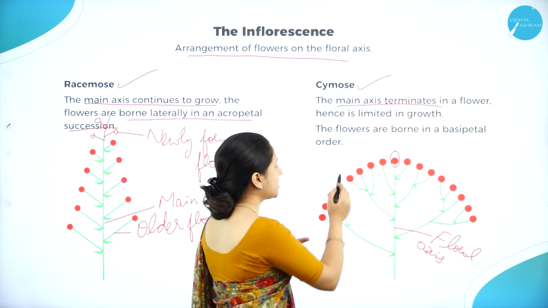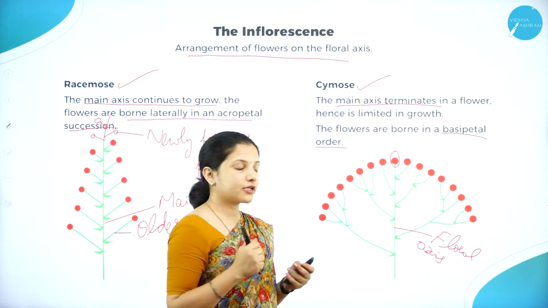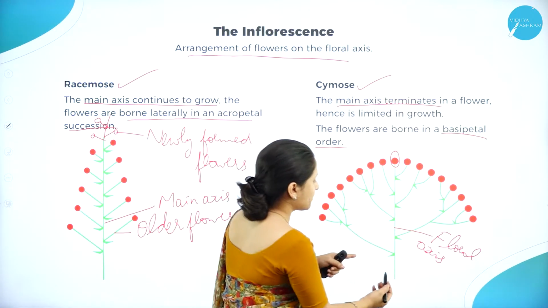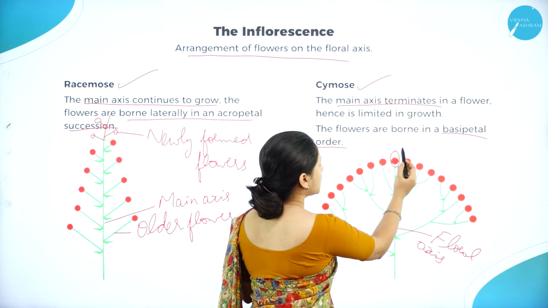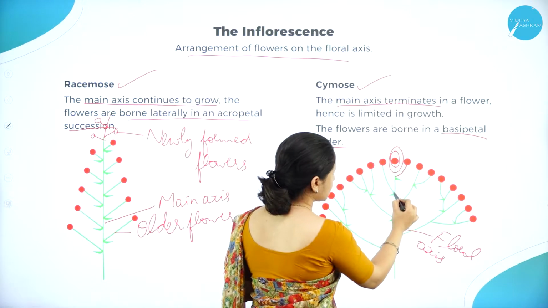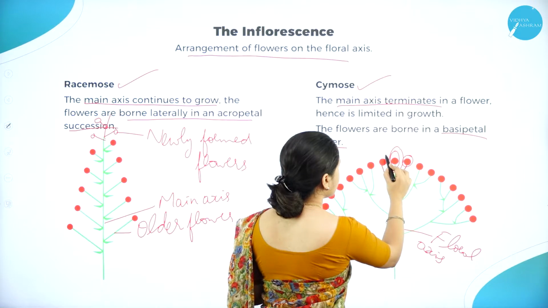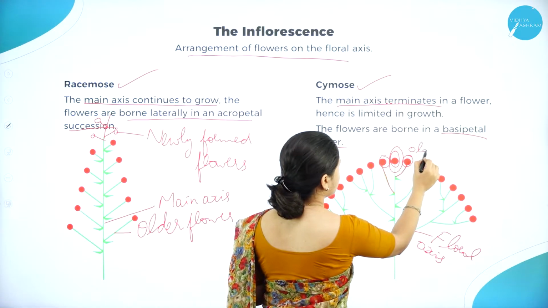And also here it is basipetal order of flower arrangement. So here what happens? The main axis first forms, then the older flower will form. Again from the main axis branches will occur like this. Lateral flowering will start. This will also be old flowers. These are all old flowers now.